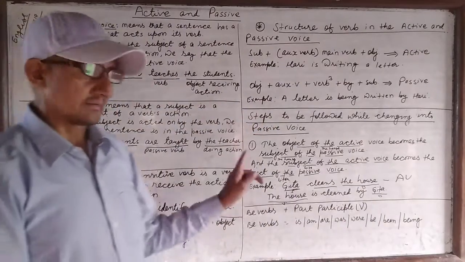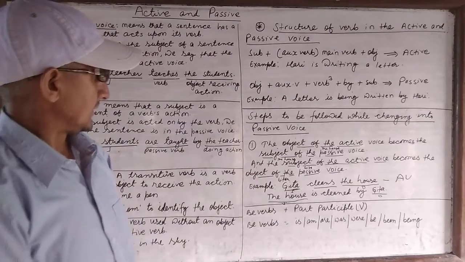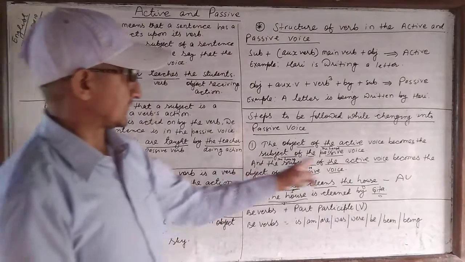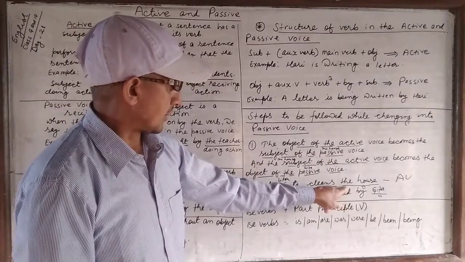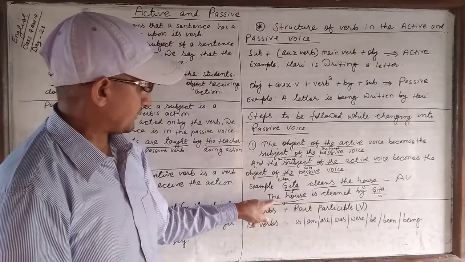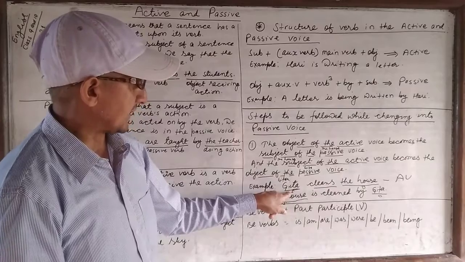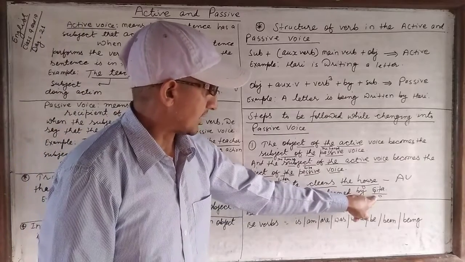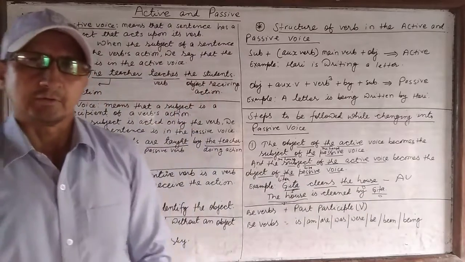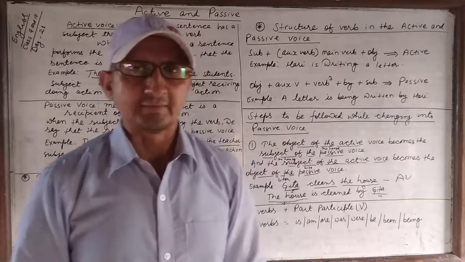In this way, this is the first step: the object of the active voice becomes the subject of the passive voice. The object of the active voice is the house, and it becomes the subject of the passive voice. And the subject Gita, the subject of the active voice, becomes the object of the passive voice. This is the first step you have to know while changing from active voice to passive voice.